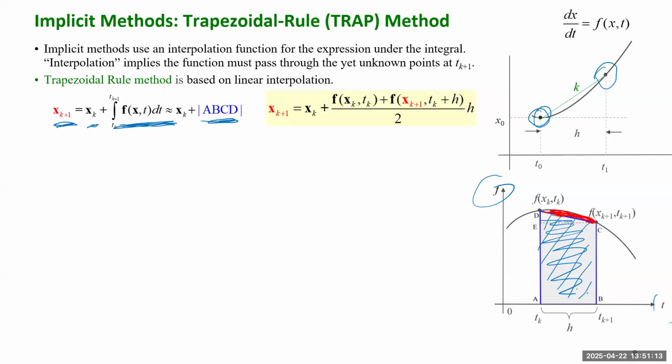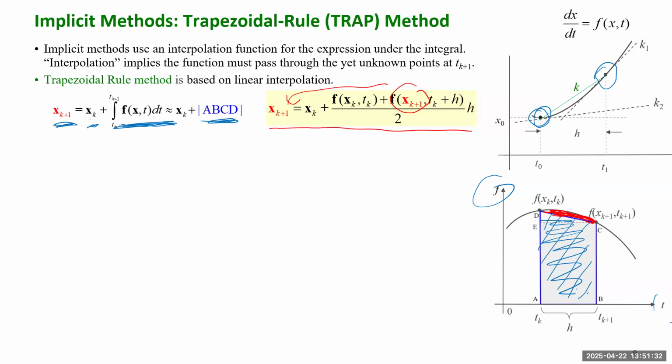So this will be the formula for the trapezoid rule method. It's very similar to the modified Euler method. The only thing different is this one will be from the state value to be calculated instead of from the previous step.